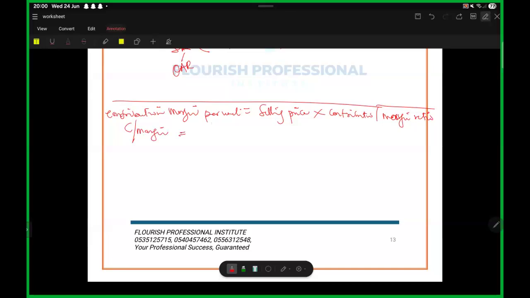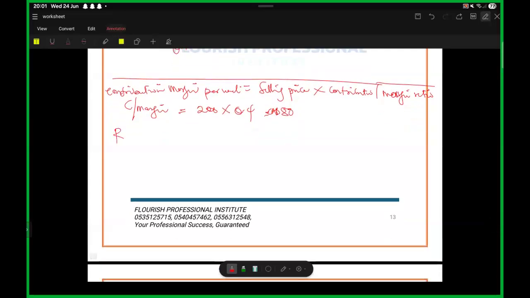So now the contribution margin, we are having what? The selling price is given as 200 Canadian dollars, which is multiplying the ratio given in the question as 0.4. So you are going to get what over here? Sorry, 80 CAD. That's the contribution margin per unit. Then to calculate the break-even point in units, break-even point in units is your what?